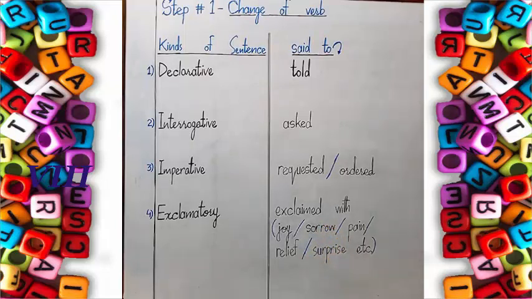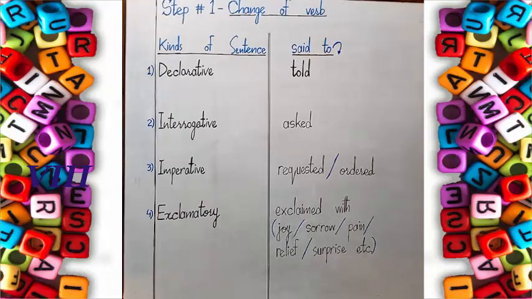So far you have understood what direct narration and indirect narration are, and then I explained to you the two parts of a direct sentence. The first part is the reporting speech, which is outside the commas, and the second part is the reported speech, which is inside the commas. And then I explained to you the 5 steps to indirect narration.